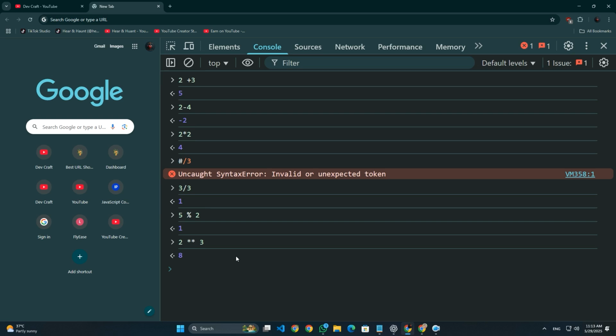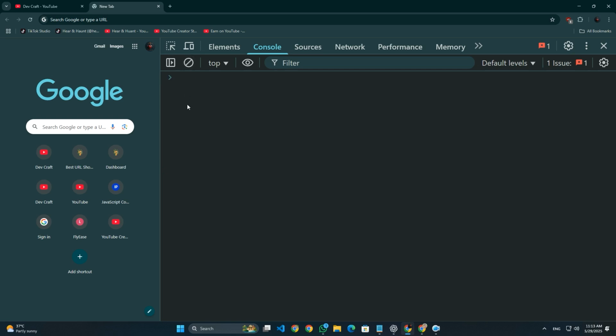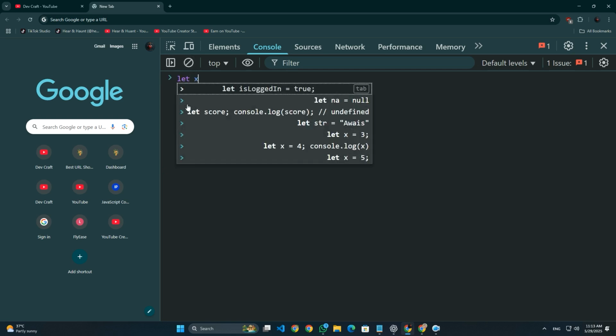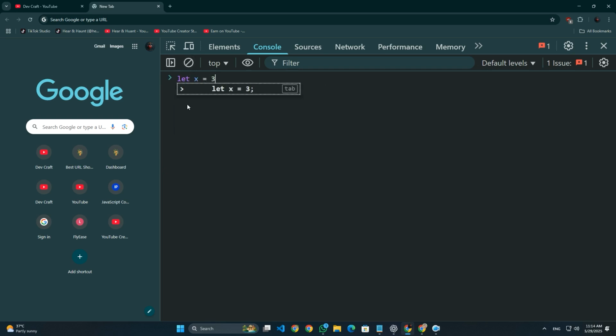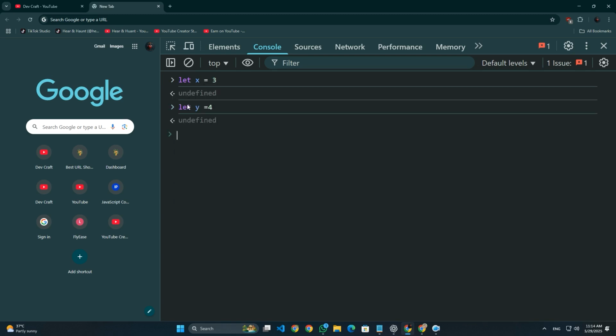We can also do it with a variable. Let's practice with a variable. If I write let x is equal to 3, let y is equal to 4, I can do all the operators with this. Like if I write x plus y, it is 7. I write x minus y.